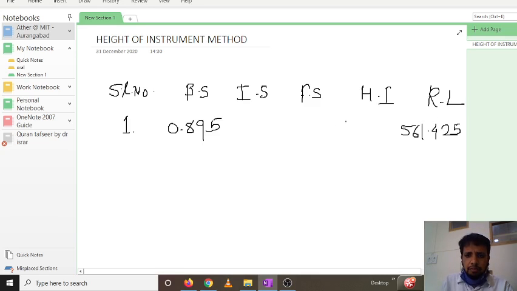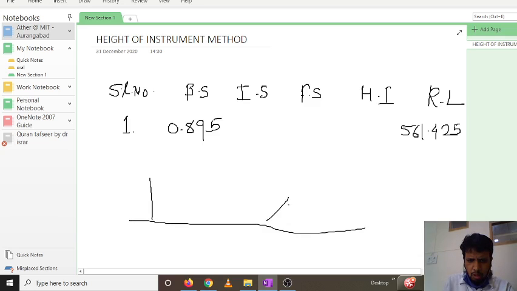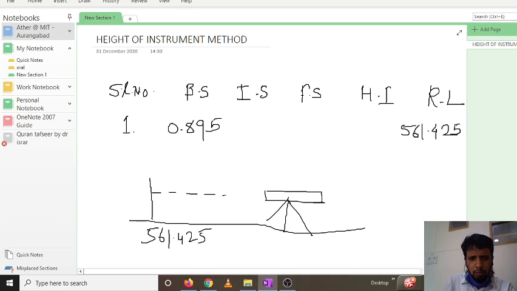your HI becomes, if you add these two things, if you remember, let us say this is your level. This is your benchmark 561.425. On this benchmark we have taken the backsight reading, in this case 0.895 meter.